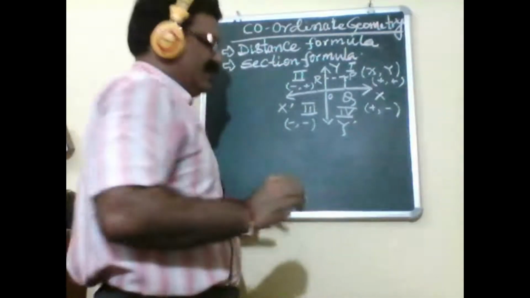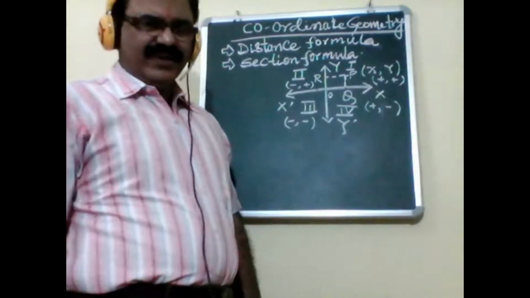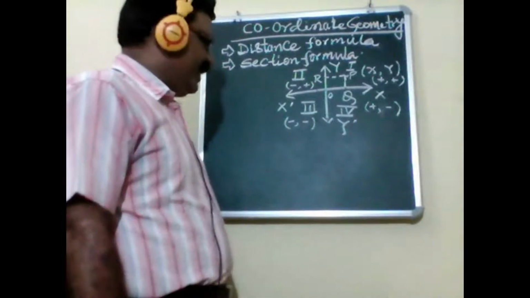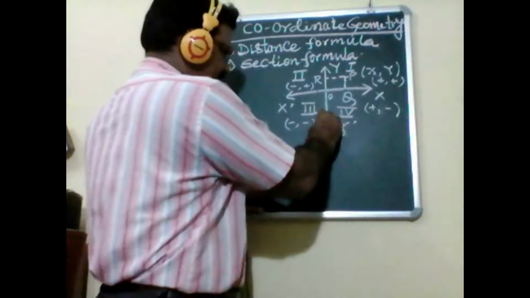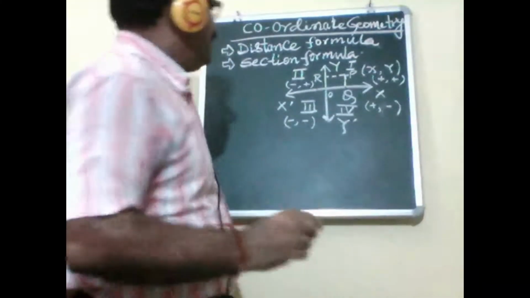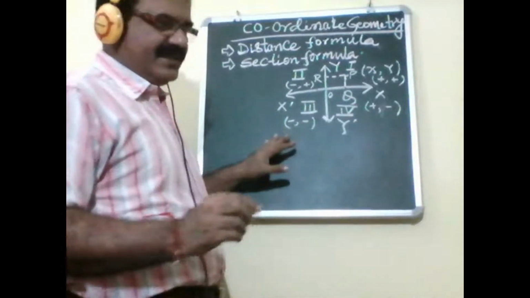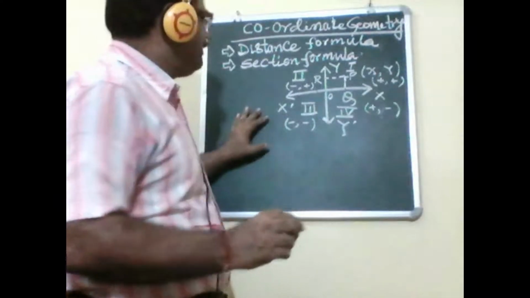So these are the sign conventions when we obtain coordinates in a plane by drawing the xy coordinate axes. This is the previous conceptual knowledge of this chapter.